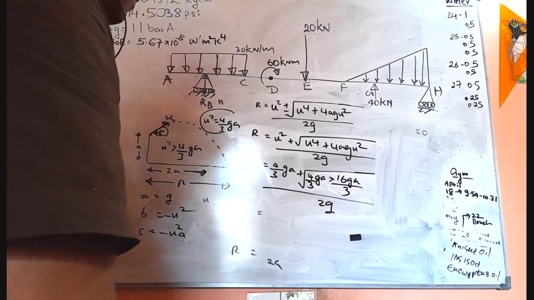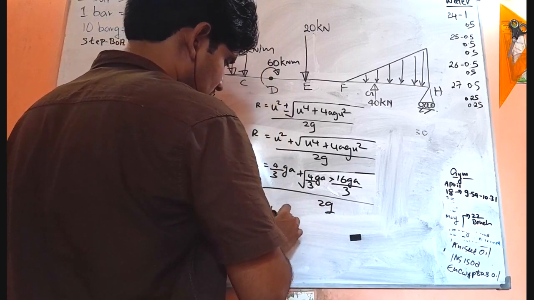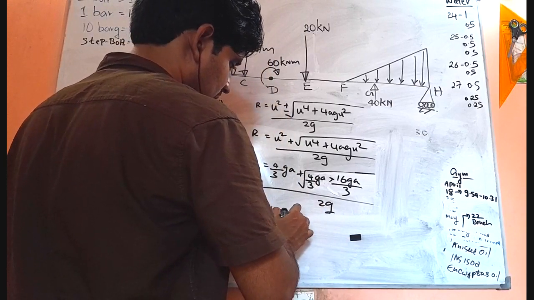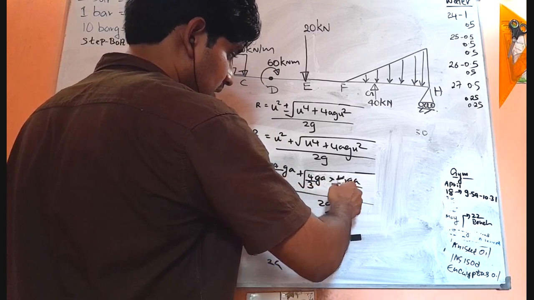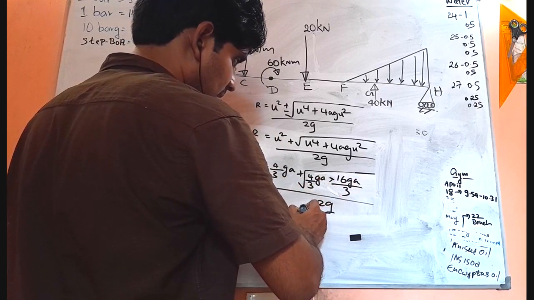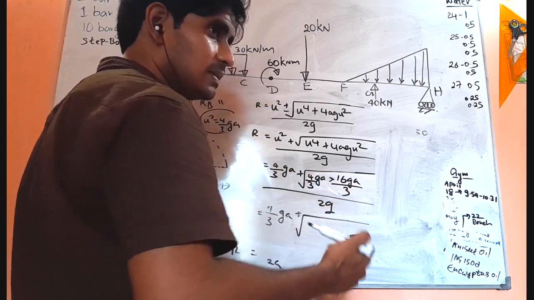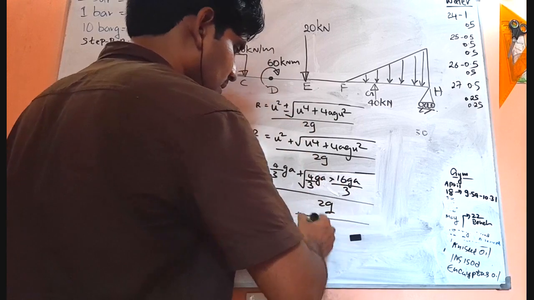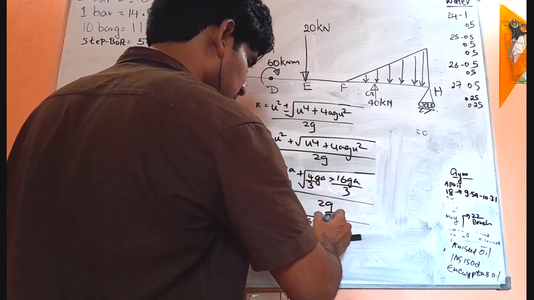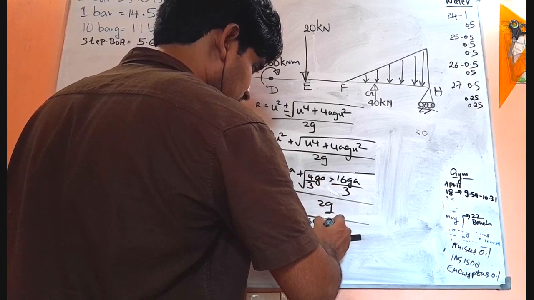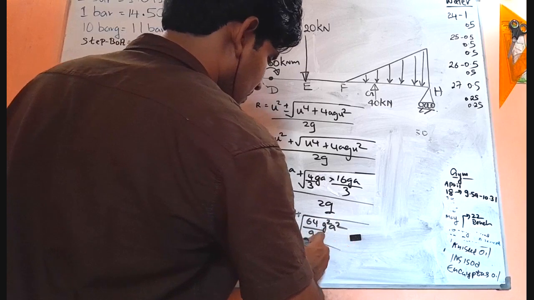So now let's simplify. 4 by 3 ga times 16 ga will be inside this square root symbol. 16 into 4 is 64, 3 into 3 is 9. So 64 divided by 9 times g squared a squared, divided by 2g.